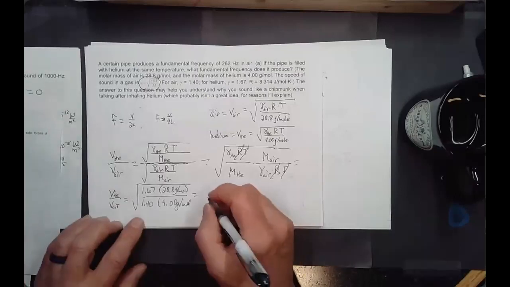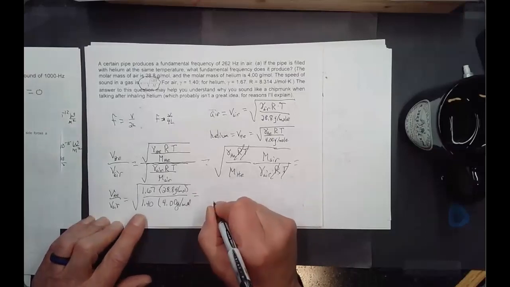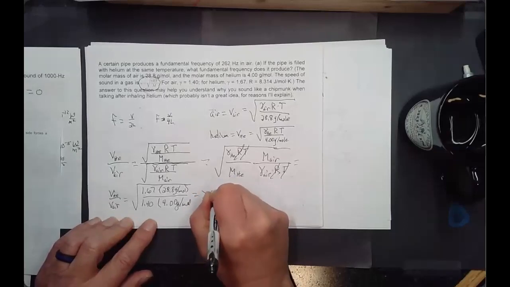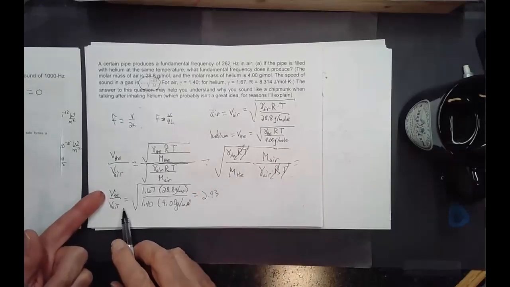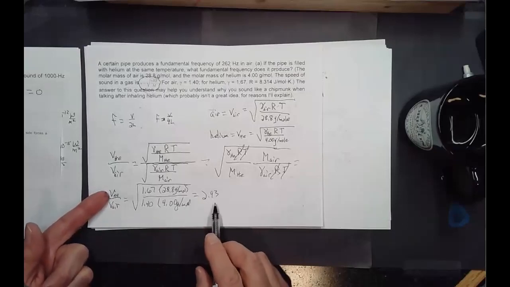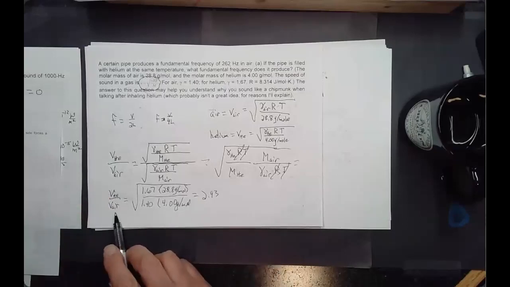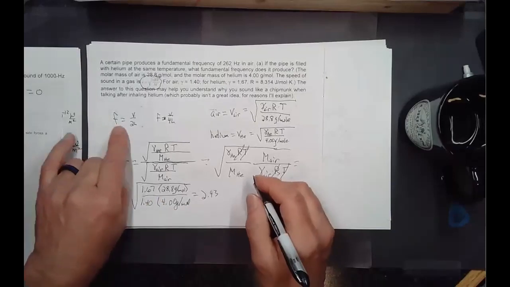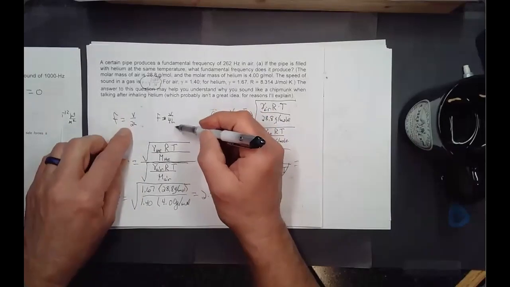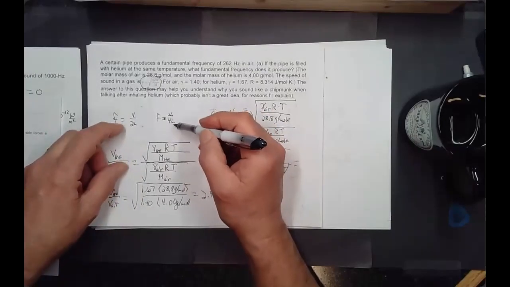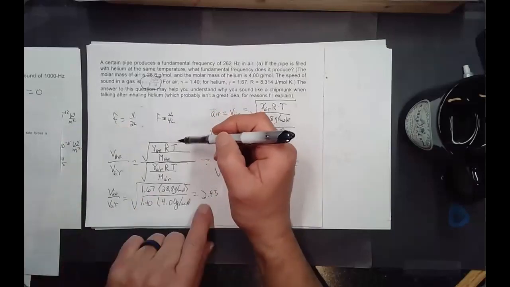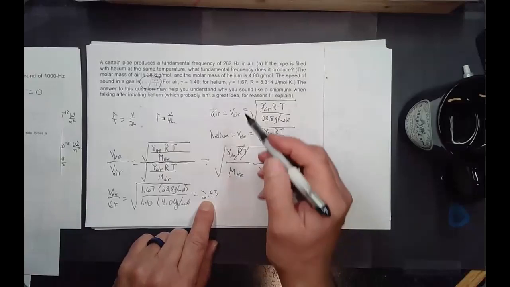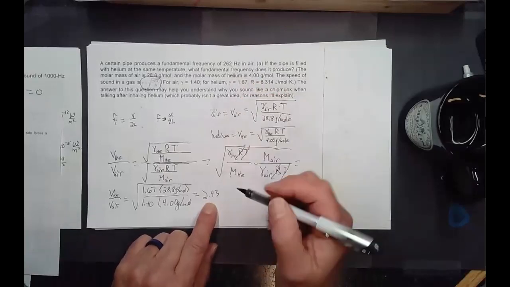Okay, and I get about 2.9. I guess we have 3 figs, so 2.93, which means the speed of sound in helium is almost 3 times as much as the speed of sound in air. And so those fundamental frequencies, it doesn't matter which one it happens to be, since it's proportional to the speed of sound. The speed of sound is going to be 2.93 times as fast, and so it'll be 2.93 times what that is.